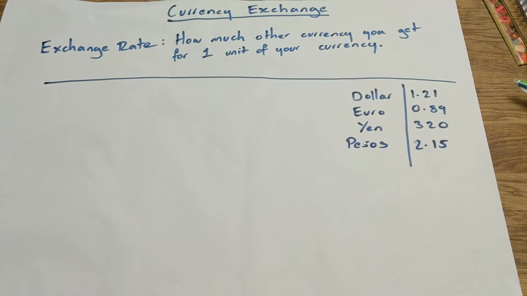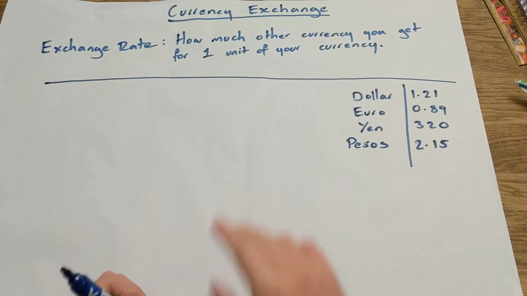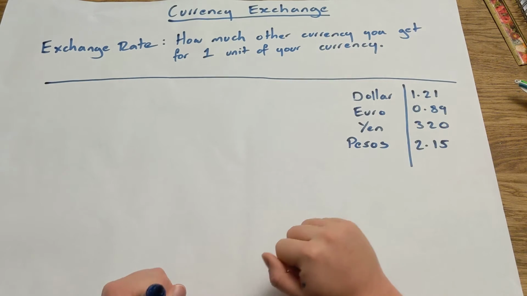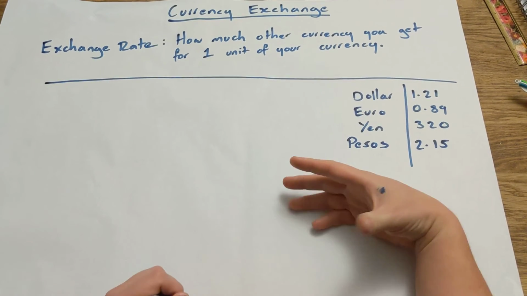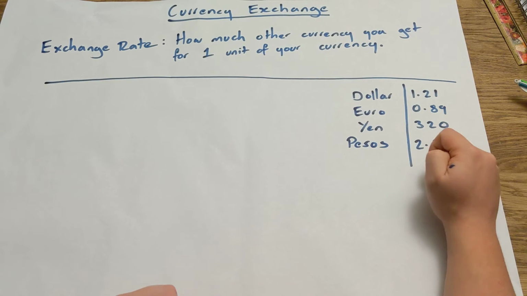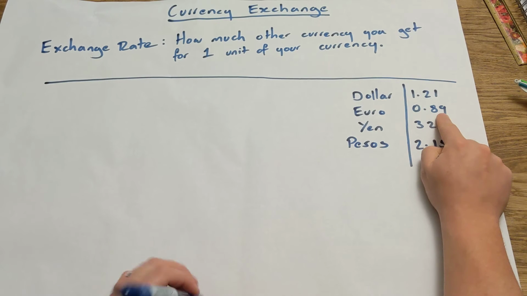2.15. Now, what this means is, if you're trying to get some dollars because you're going on holiday to somewhere that uses dollars, the exchange rate is 1.21. So that means for every pound you give them, they'll give you $1.21. For every pound you gave them, they'd give you 0.89 euros.